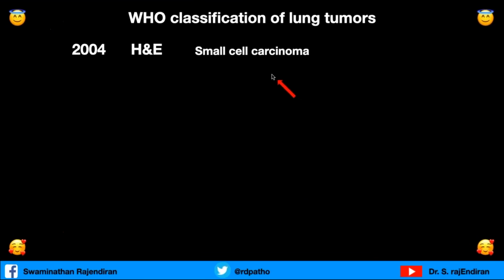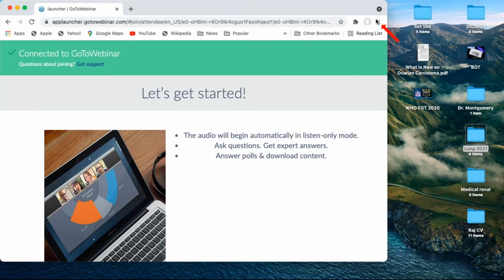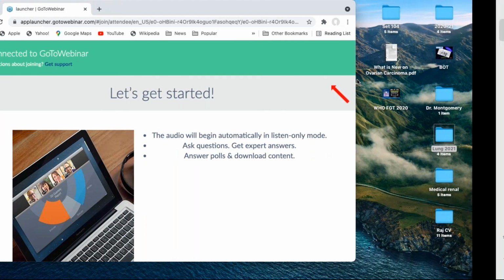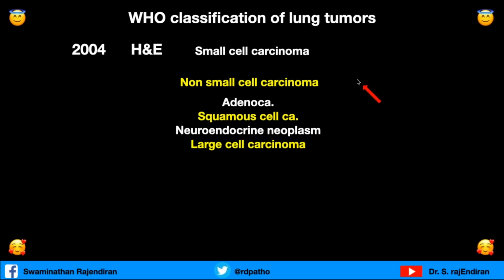So now let us go to some theory part of it. Since we talked about lung tumors, what is the WHO classification of lung tumors? In 2004, life was very simple. On H&E, we have to say whether it is small cell or non-small cell. In the non-small cell, it is adenocarcinoma, squamous cell carcinoma, or neuroendocrine carcinoma, or large cell carcinoma.